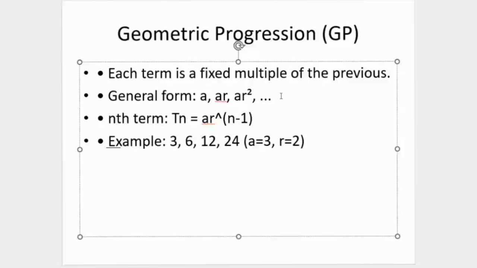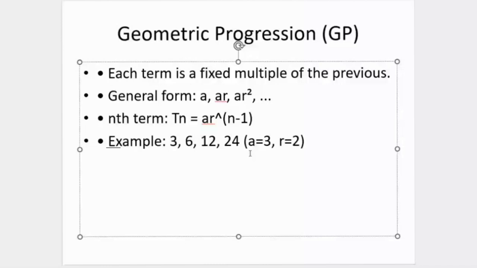And so to find the nth term of our geometric progression, we arrive at the general formula where T of n is equal to ar raised to the power n minus 1. This formula helps especially when we want to find terms of larger GPs. For this particular one, we have the first 4 terms.